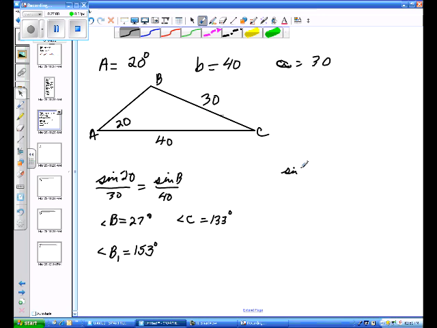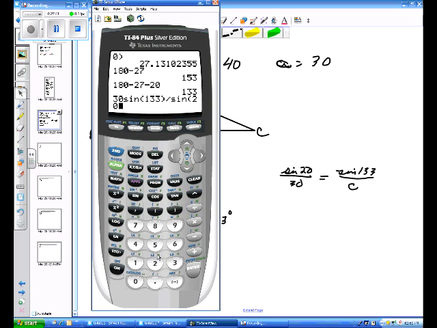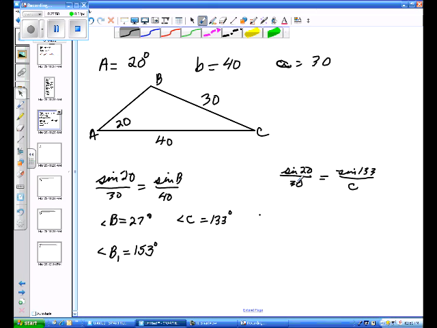The sine of 20 is to 30 as the sine of 133 is to side C. So we'll get the product that we can, which would be our 30 times the sine of 133 and divide by the sine of 20, which is going to be 64. So that means that side C would be 64.